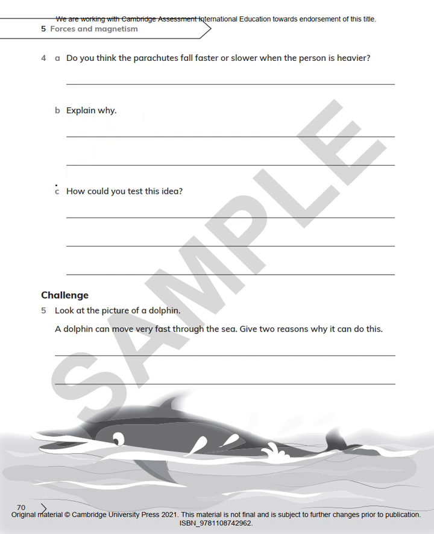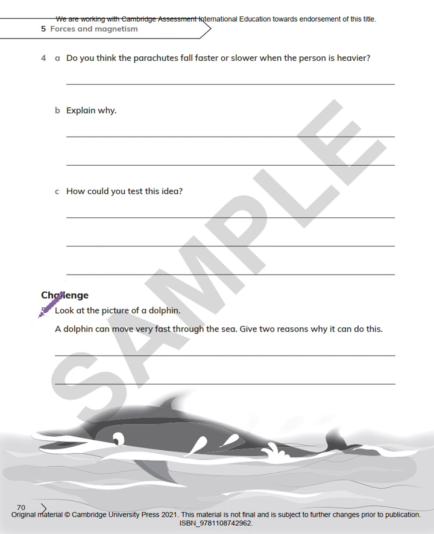So, how can I test this idea? Maybe if I drop two different parachutes, each tied to a different weight, with one of the parachutes tied to a heavier weight, and then just drop them down. See which parachute will fall faster or slower.